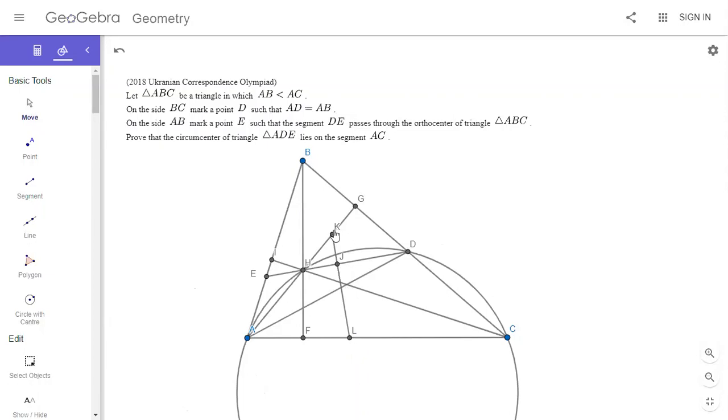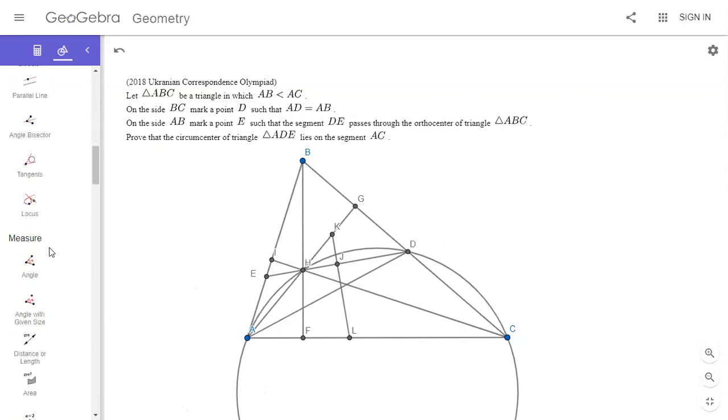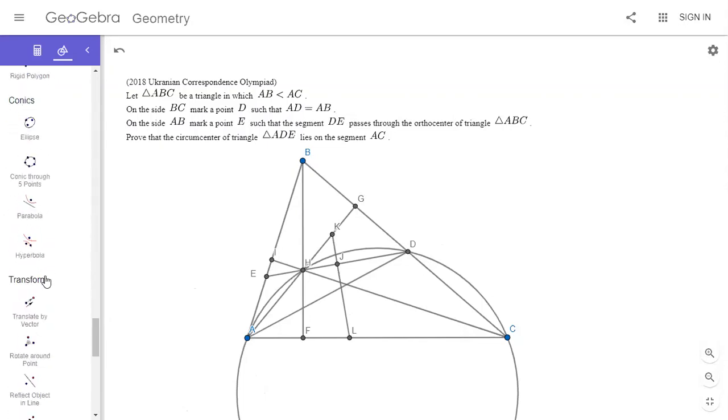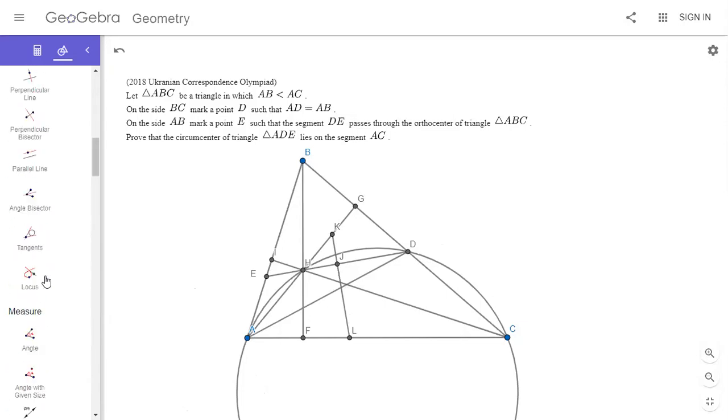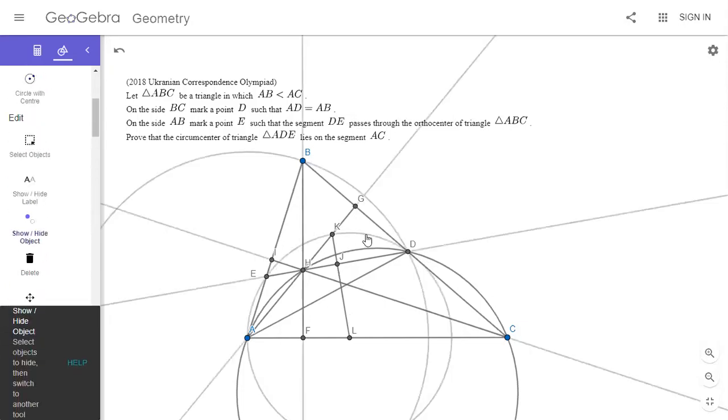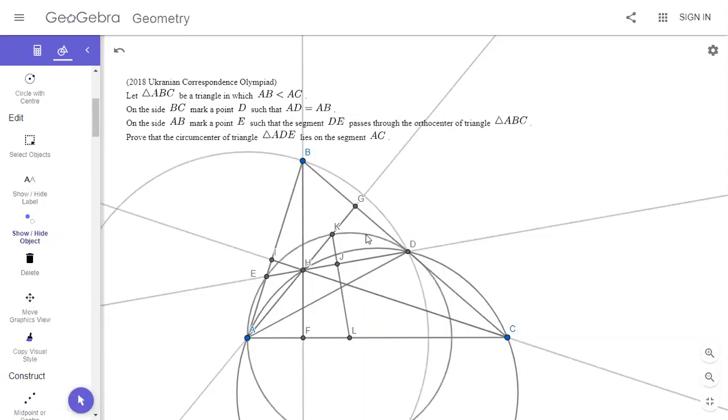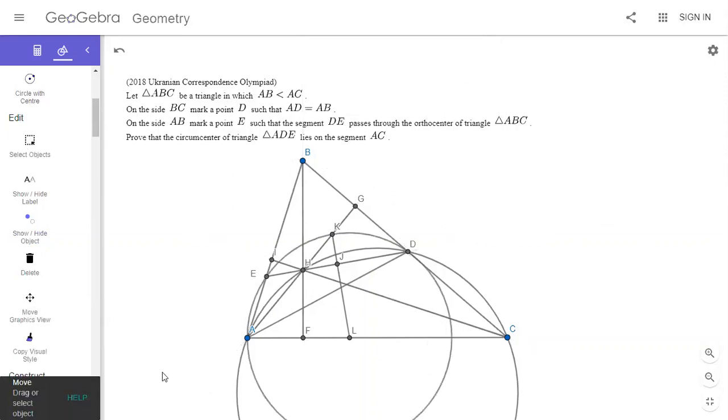So if I drop a perpendicular, but wait, how did I define? Yeah, you need K to define the circle. That's the thing. So it's a little tricky. You need K to define the circle, but then you want to show that L is the center of the circle.